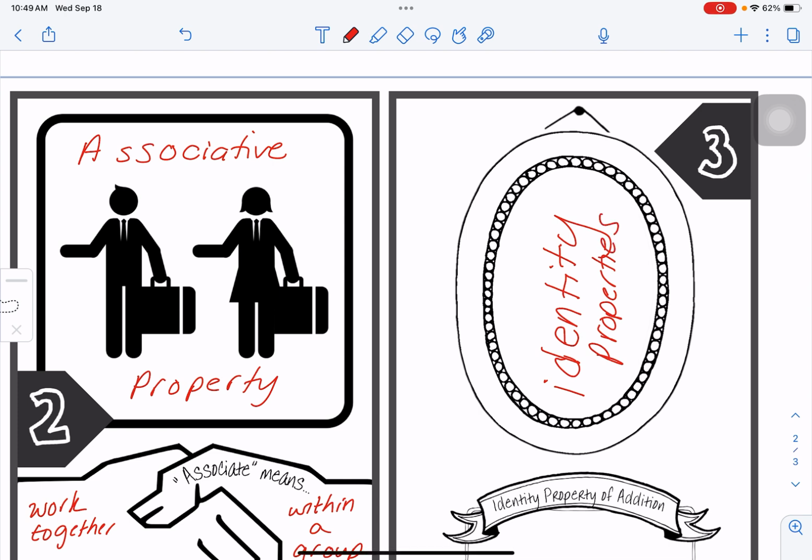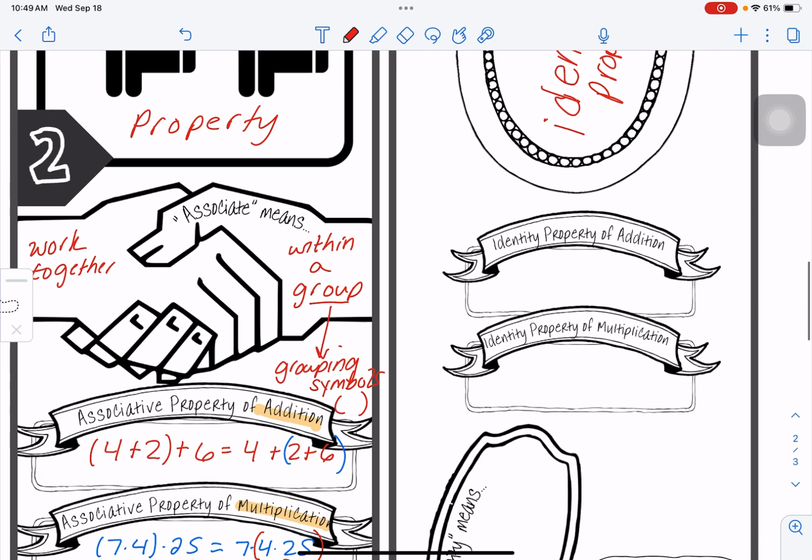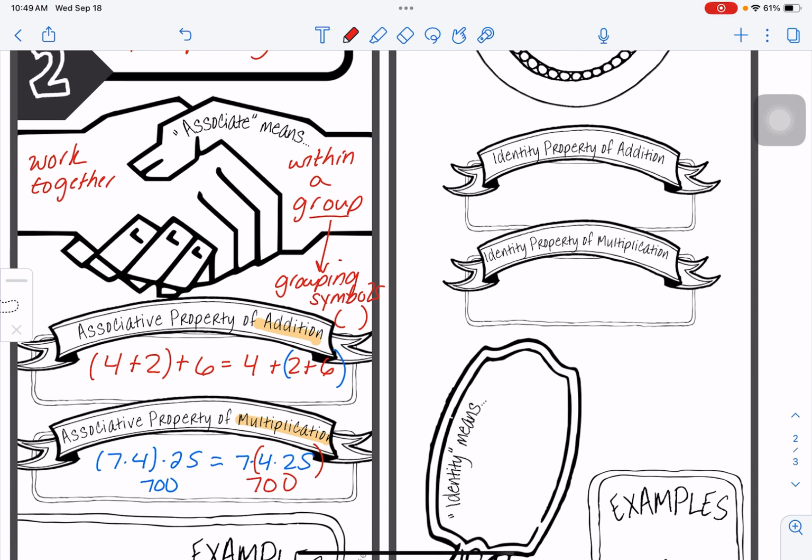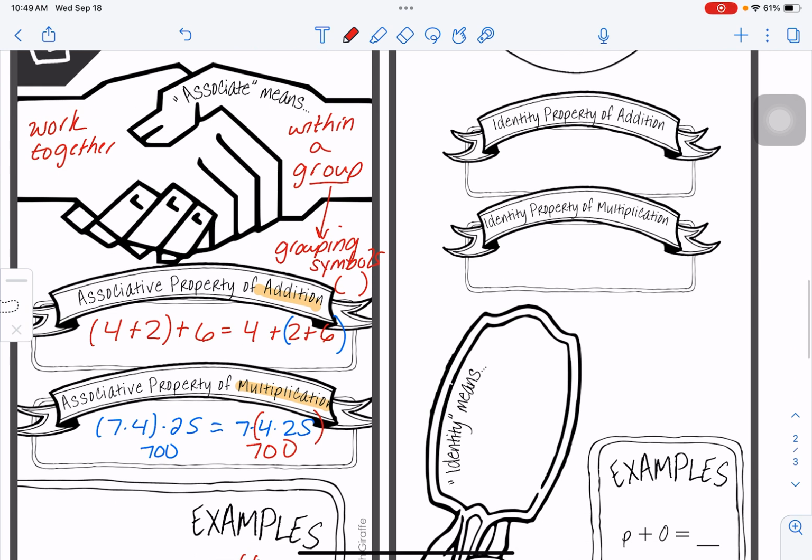And like the other two, these identity properties are broken up into one for addition and one for multiplication. What is identity? Remember that identity is who you are. Okay? It's your reflection. It's the same.